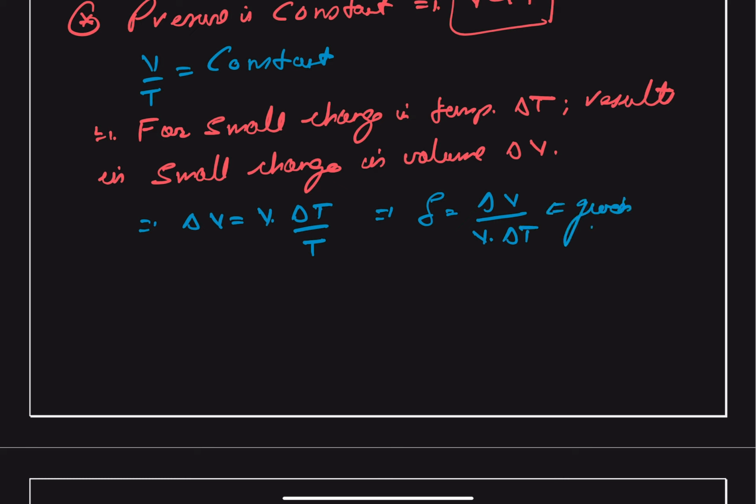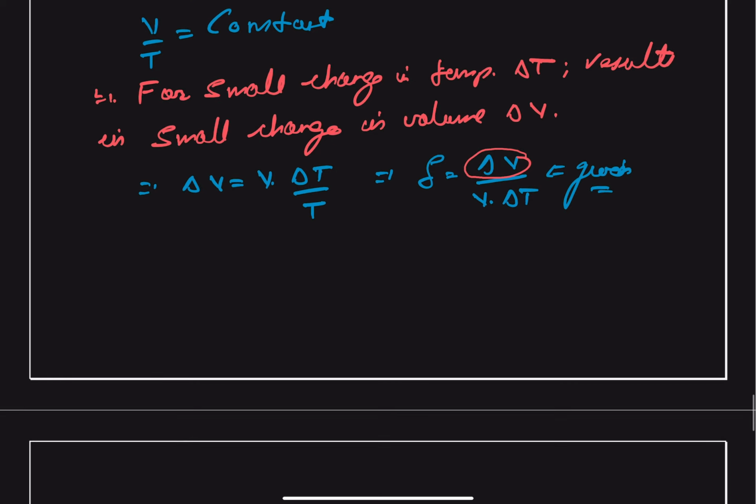Now in this equation, we are going to substitute delta V. So this gives us that delta is equal to V delta T upon T, and this is V upon delta T. Here V delta T and delta T cancels out, and this gives us that 1 upon T. So we get the relationship that delta is equal to 1 upon T.